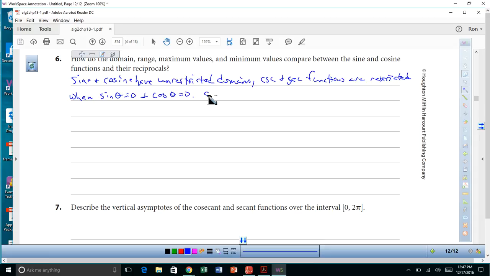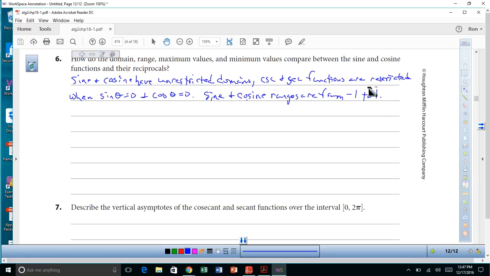And then sine and cosine ranges are from -1 to +1.